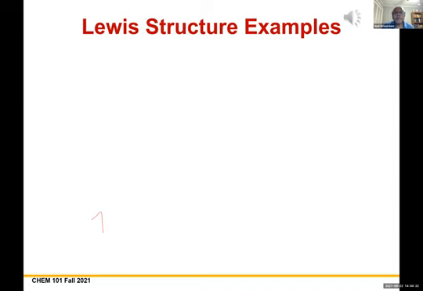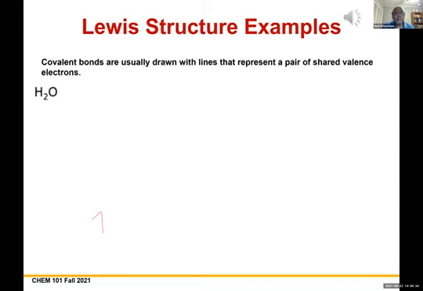Now we are going through examples. Covalent bonds are usually drawn with lines that represent the pair of shared electrons. If you start with water, there are 8 valence electrons in total, 2 from hydrogen, 6 from oxygen. So you can also start with the Lewis dot symbol.